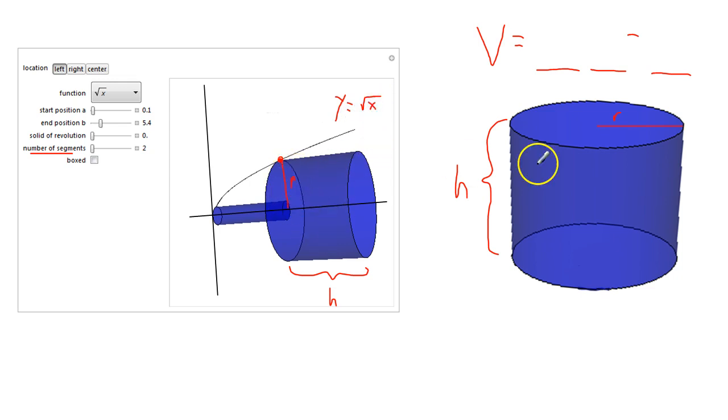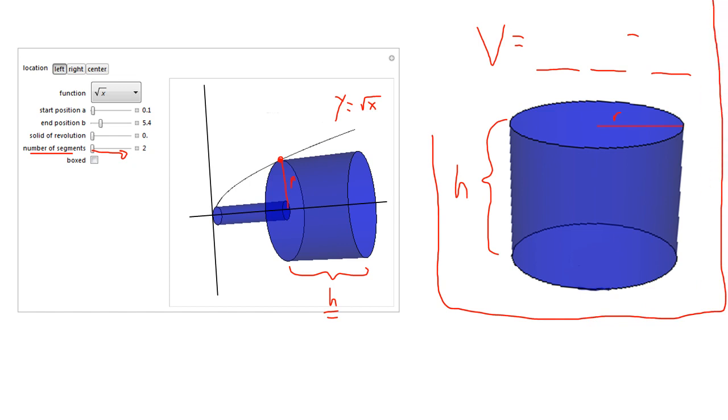Okay, so what is giving us R in this formula that will show up somewhere on here? And what is determining H? Alright, and as I increase the number of segments, that's going to affect H. Alright, and I want you to come up with, to basically derive where one of these cylinders, or discs, if you want to call them a disc, where one of these volume formulas are coming from, and then just remember we're adding up however many of these we have, which is this number of segments.